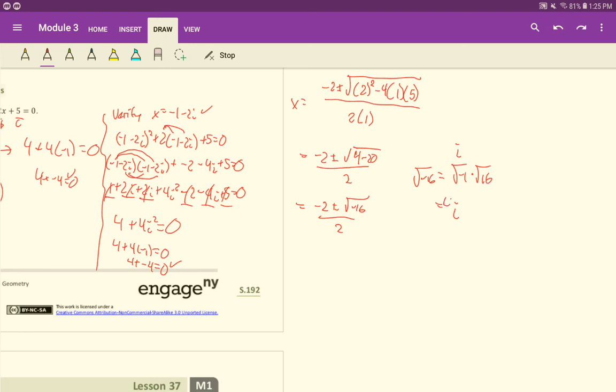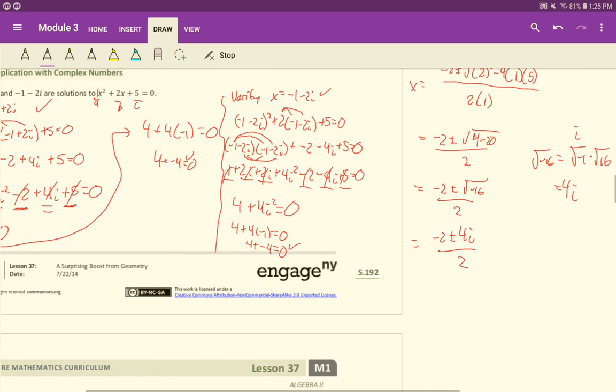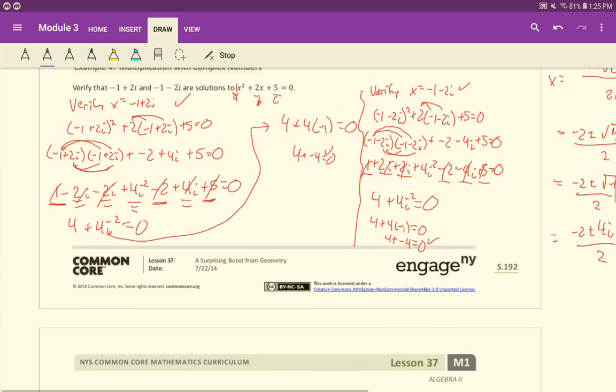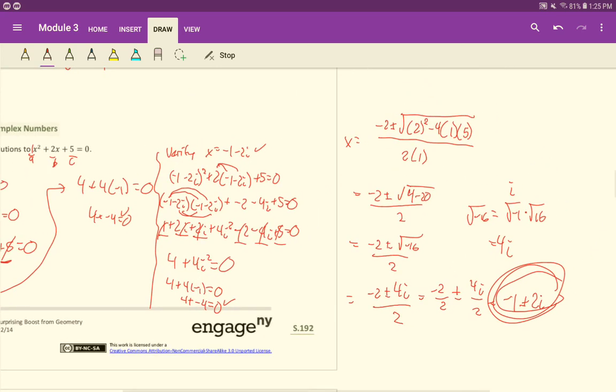Well, it's 4. So this just becomes 4i. So we'll have negative 2 plus or minus 4i all over 2. And then we'll divide everything by 2, right? So this is negative 2 over 2 plus or minus 4i over 2, which gives us negative 1 plus or minus 2i. And hey, look, those answers, negative 1 plus 2i, negative 1 minus 2i, match. So that's another way you could verify here, by actually finding the solutions and seeing if they match up.